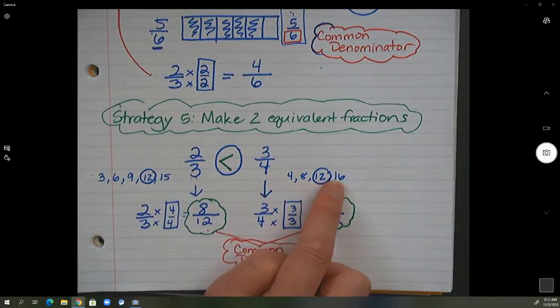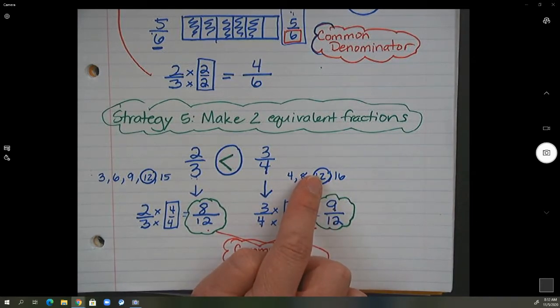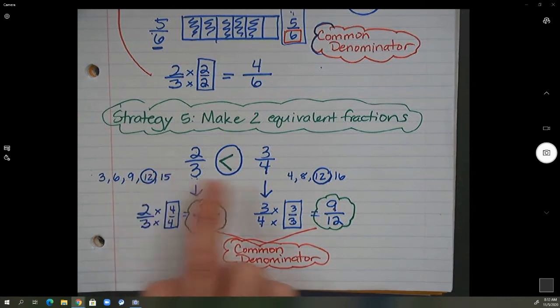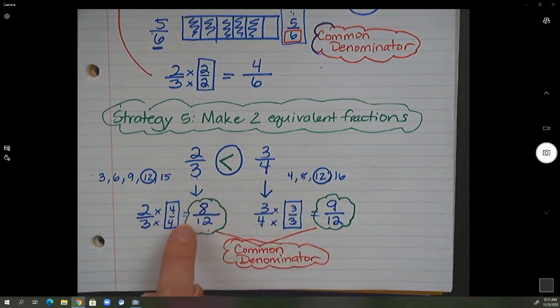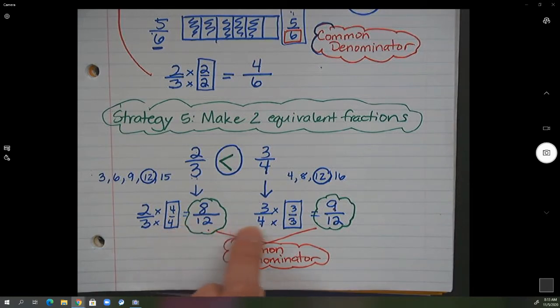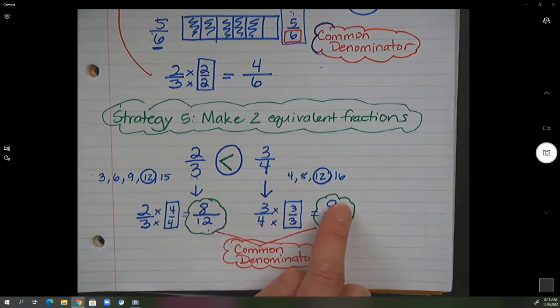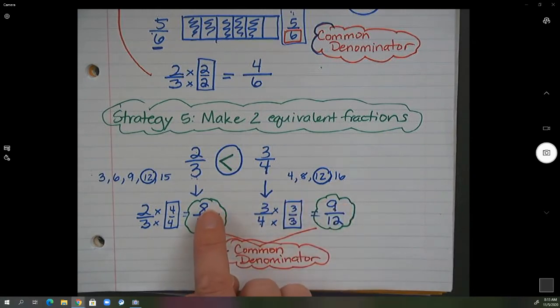And you figure out which multiple I could use to turn both of these into. So in this case, it's 12, right? And to turn 2/3 into 12ths, we had to multiply by 4/4. Over here, to turn 3/4 into 12ths, we had to multiply by 3/3. Now we have the same denominator, and we can see that 9 pieces out of 12 is bigger than 8 pieces out of 12.